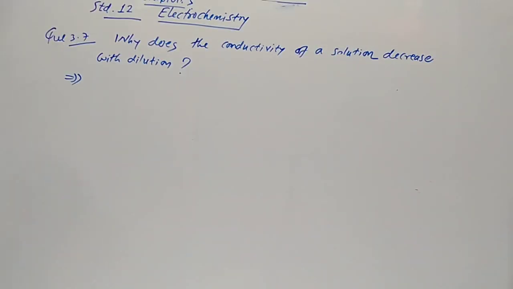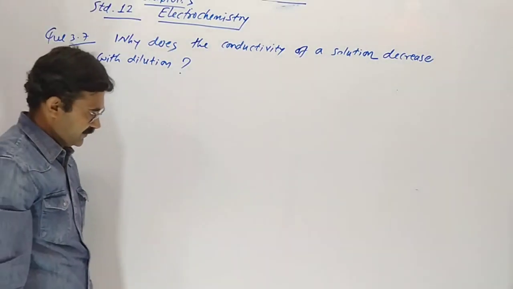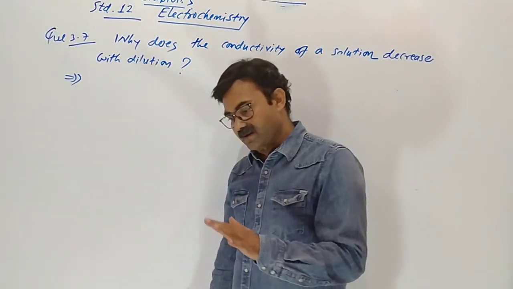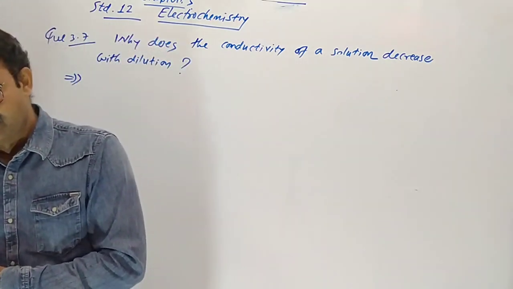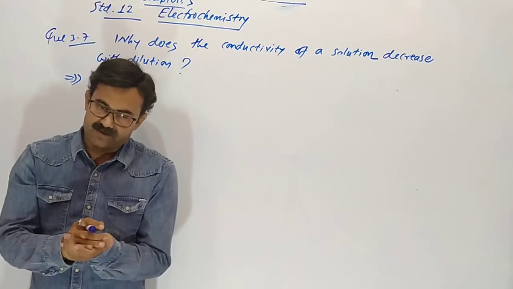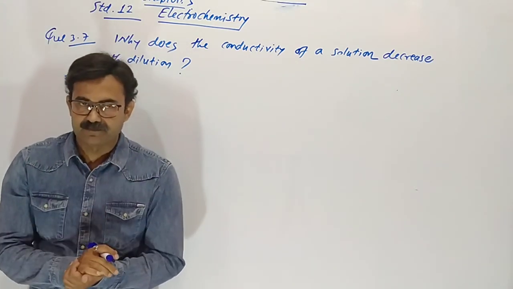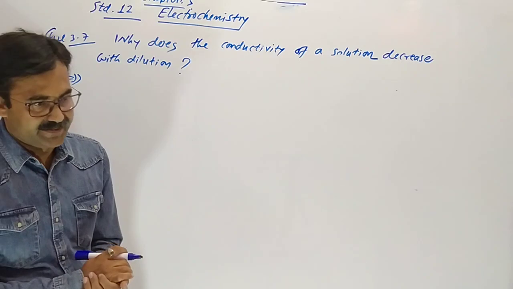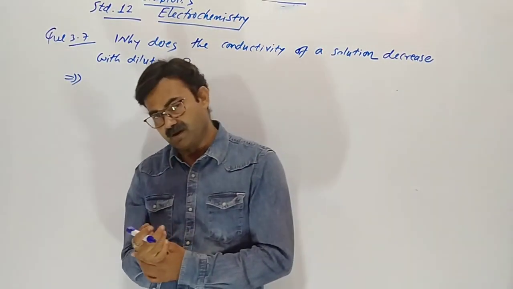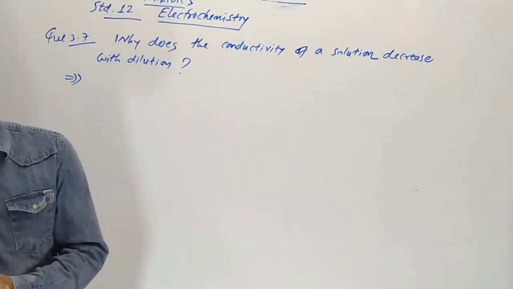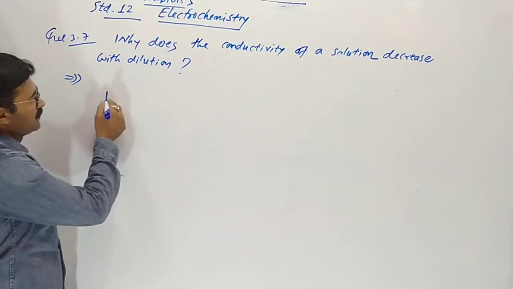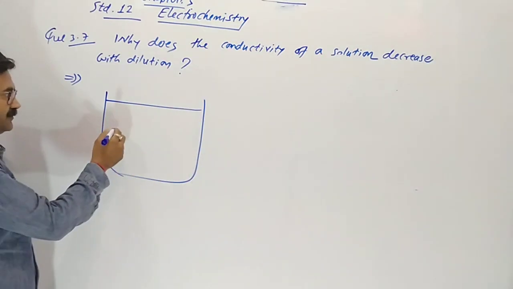Conductivity and molar conductivity both are different, and we now know about it. When we decrease the concentration of the solution, we are adding some water, so the solution becomes mild, so conductivity decreases. But molar conductivity increases. The conductance is due to the number of ions in unit volume.